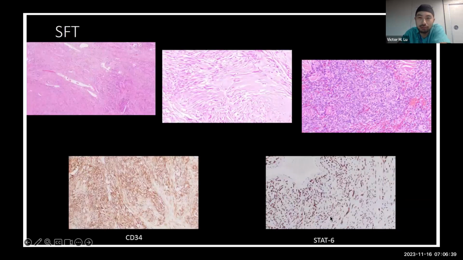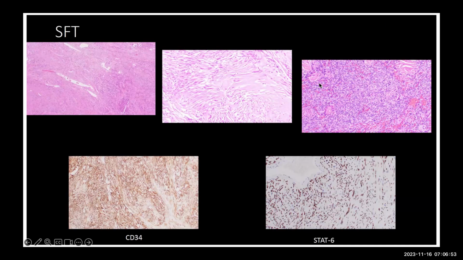Dr. Goltikan, if you're available. Hi, good morning. At the top panel, you see three hematoxylin eosin stained sections.